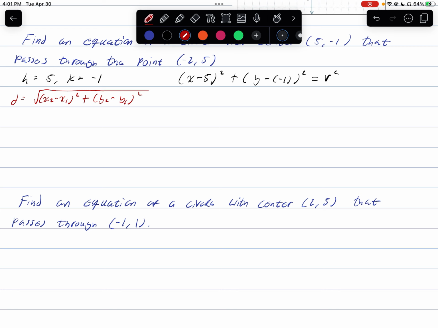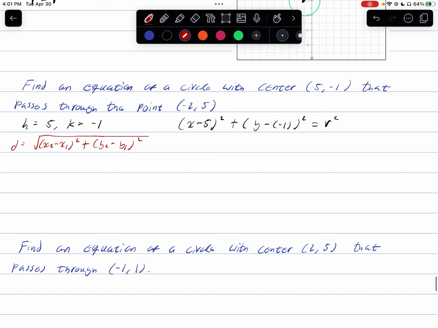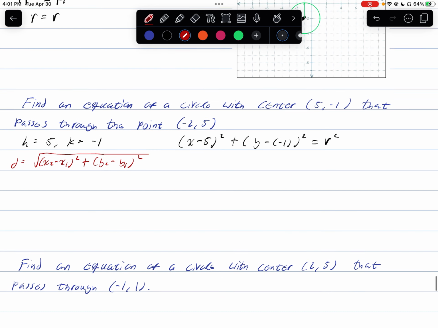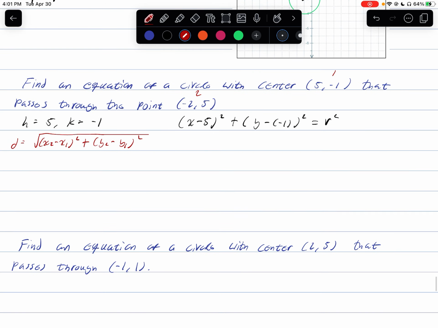We're taking the square root of all of that. So let's just write that down here as a reminder to ourselves. So if we say that the center is point 1 and our point on the circle is point 2, that means that x1 is equal to 5 and y1 is equal to negative 1, and x2 is equal to negative 2, and y2 is equal to 5.